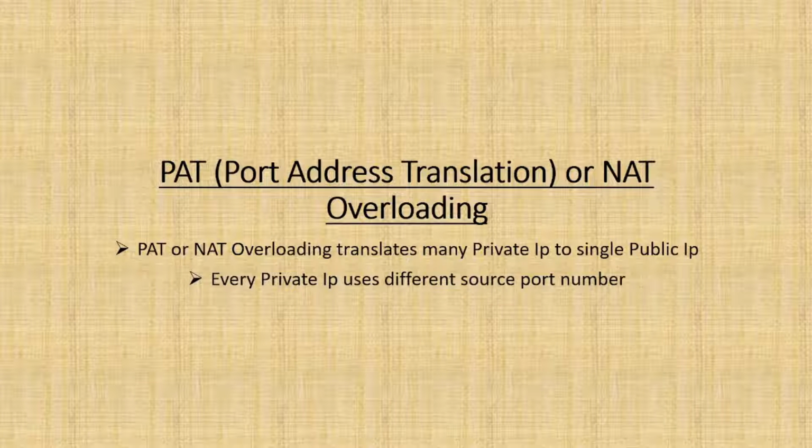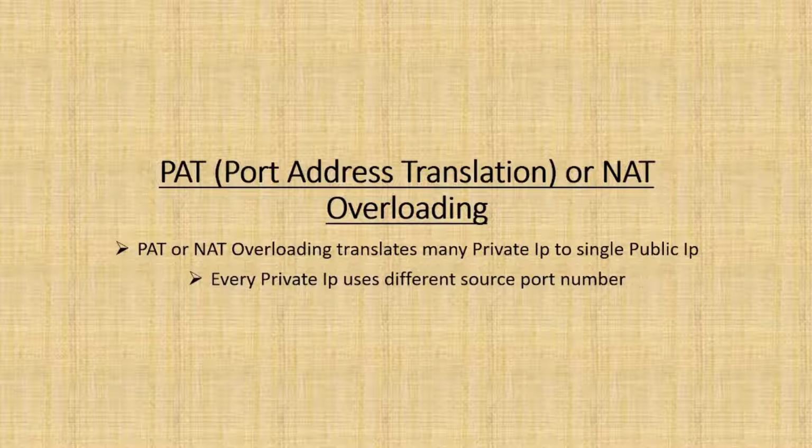Today I'm going to discuss PAT, Port Address Translation, or NAT overloading. What is PAT? In PAT or NAT overloading, many private IP addresses are translated to a single public IP.